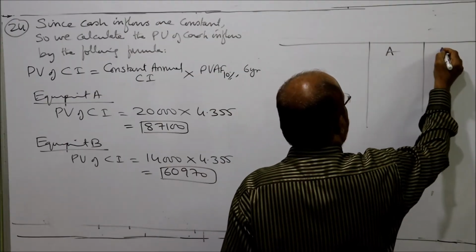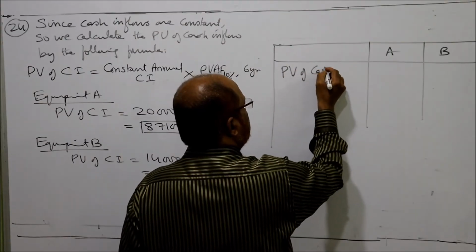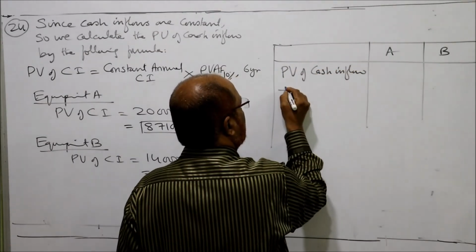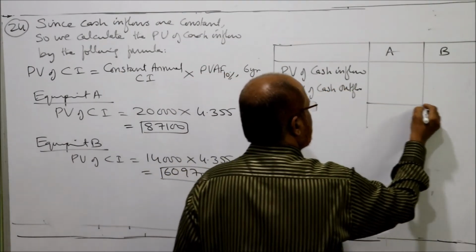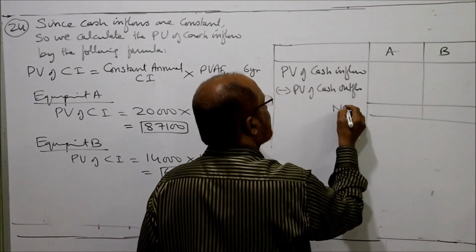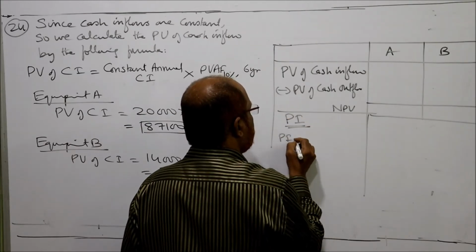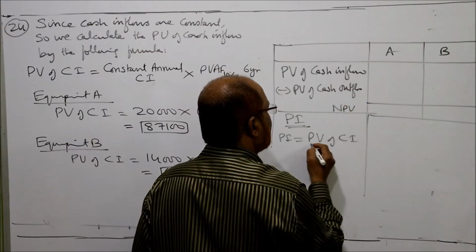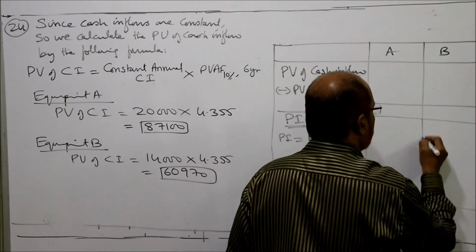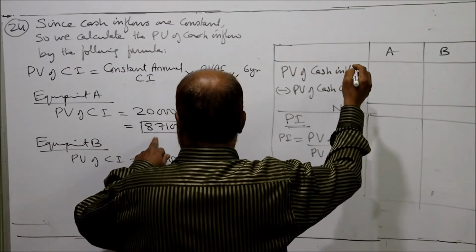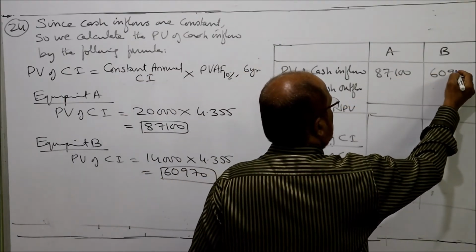Equipment A and B. NPV is PV of cash inflow minus PV of cash outflow. PI is equal to PV of cash inflow divided by PV of cash outflow. First of all, PV of cash inflow 87,100 and here it is 60,970.